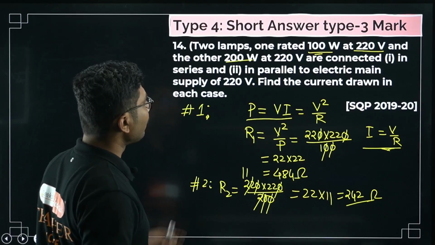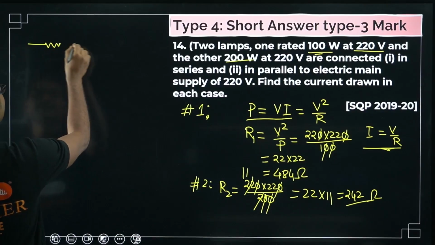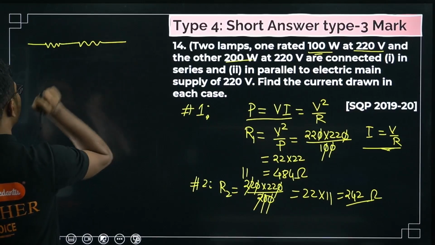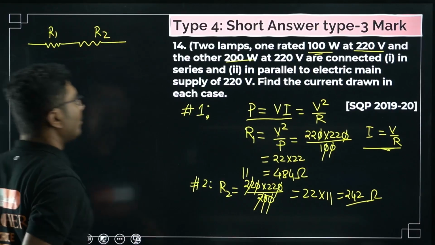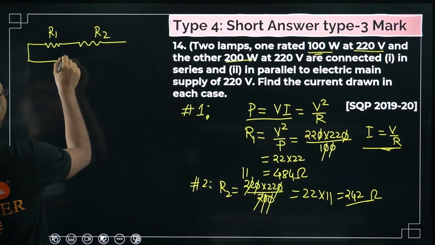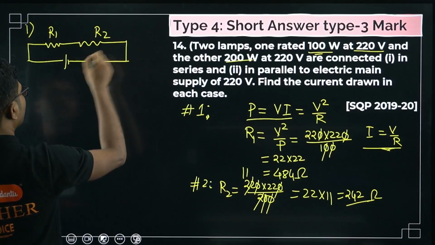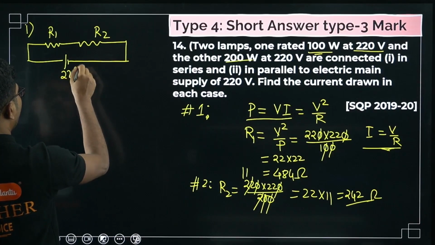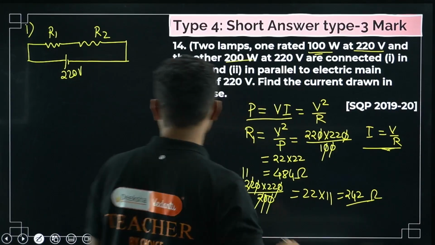Now, first they are connected in series. When they are connected in series, we will treat them as simple resistors, R1 and R2, and the voltage applied is 220 volt. This is case 1. Now we have to find the total resistance.